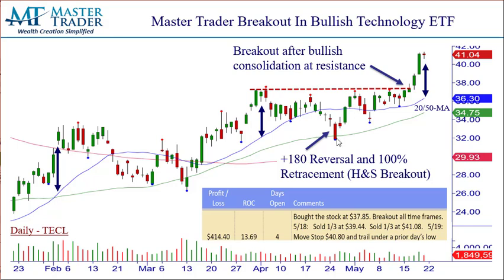This is an ugly red wide range candlestick closing breakdown below the 20 and the 50-period moving average. That suggested lower prices. What happened instead was it gapped up the next day, and we had greater than 100% retracement. Do you remember I said on the prior slide, we never buy from the bottom to the top of the range. We need a setup and bullish price action.